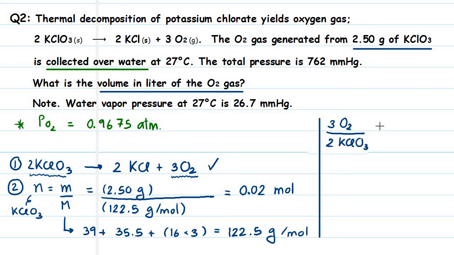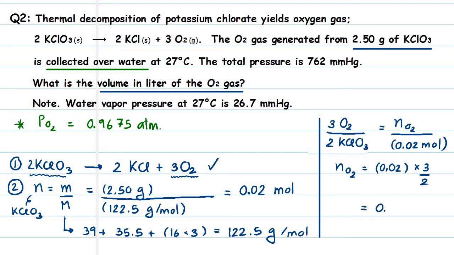This from the reaction is going to be equal to mole of oxygen over mole of potassium chlorate, which is 0.02 mole. So mole of oxygen is going to be equal to 0.02 times 3 over 2, and it's going to be 0.03 mole.